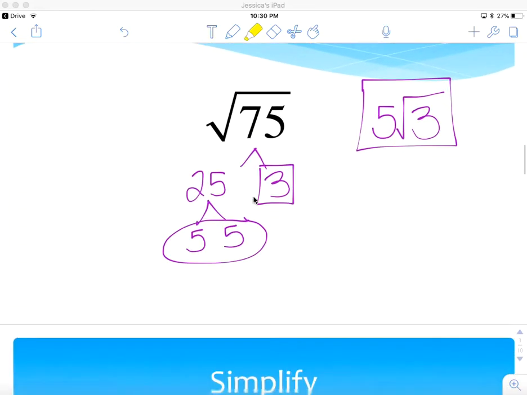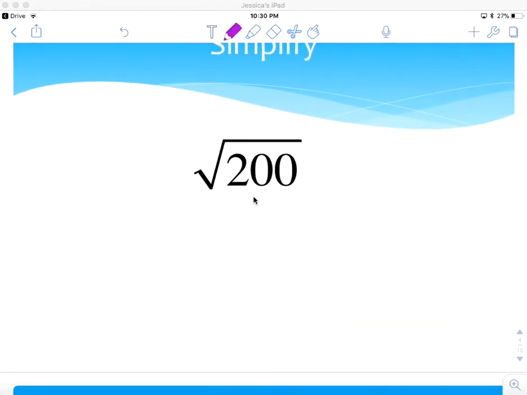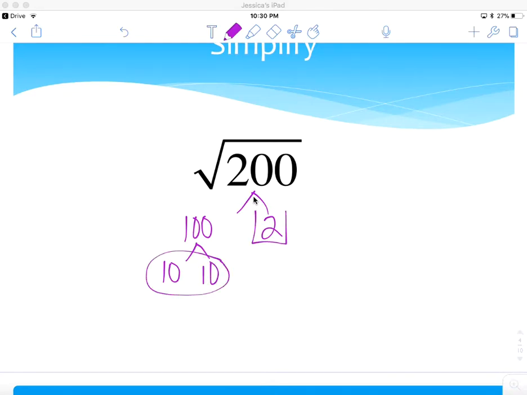So what I would do is break down 200 using 100 and 2. Well, the square root of 100 is 10. So I have a pair of 10s with a 2 left over. My final answer, remember pairs come out, what's in the box stays underneath. It would be 10 square root 2.